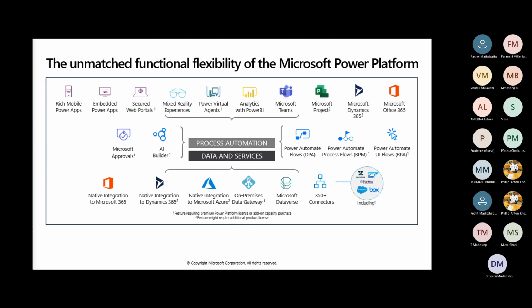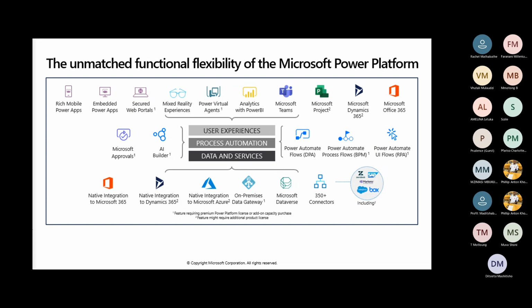You would create a Canvas app or a portal or a virtual agent, and then you would use automation. You would automate the process, also include AI, and then after connect it to some data source, where now you can make sure that the application interacts with data at the end of the day.